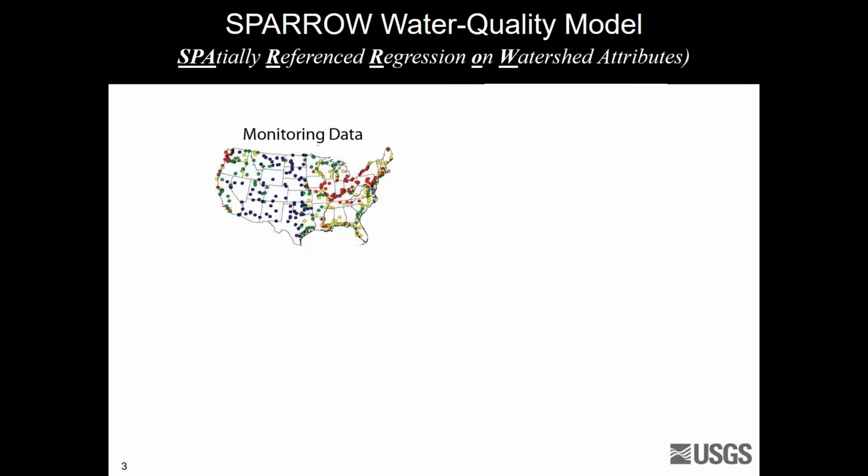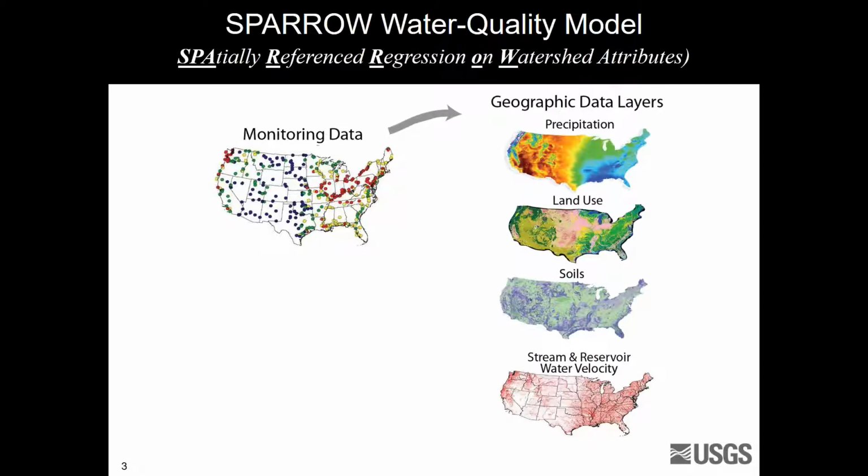To build a model, we start with stream loads estimated at as many sites as possible throughout the spatial domain. I'm going to use nutrients as the example here, but those stream load values are related to various types of geographic data that describe sources like fertilizer application and wastewater discharge, and landscape characteristics that affect delivery like soils and precipitation.